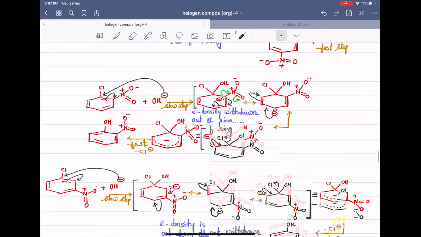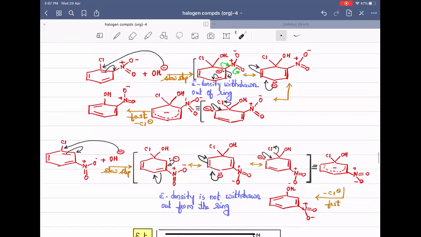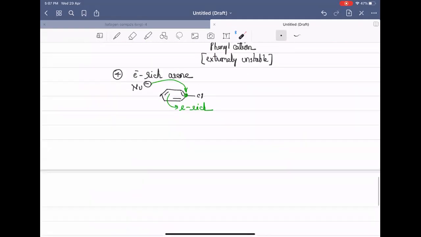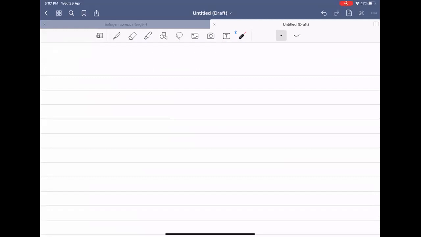I've drawn all of this here, right? But I'm going to show you how to draw this. So this is for your notes. I'm going back to how we can draw such structures. Pay attention and let us interpret why this happens, because they would be asking you to draw such structures and answer such questions.